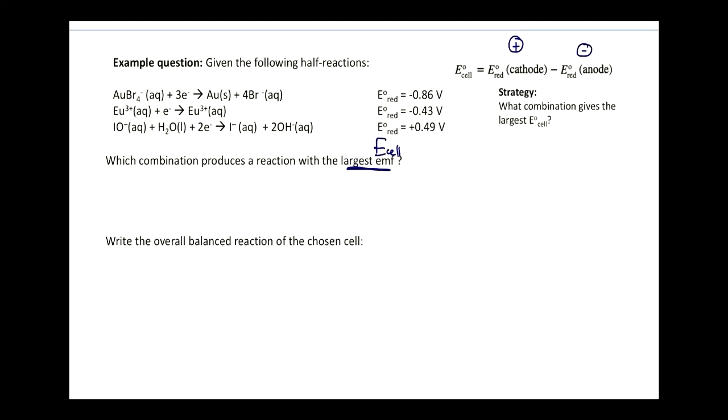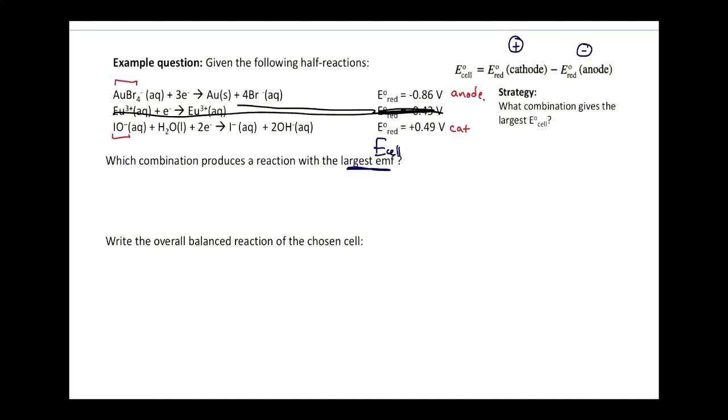If you look at our 3 options, we probably want this IO minus reaction to be our cathode because it's the only one that's positive. The first reaction with the gold bromide is going to be our anode because it has the most negative potential. So we'll just ignore that middle one.